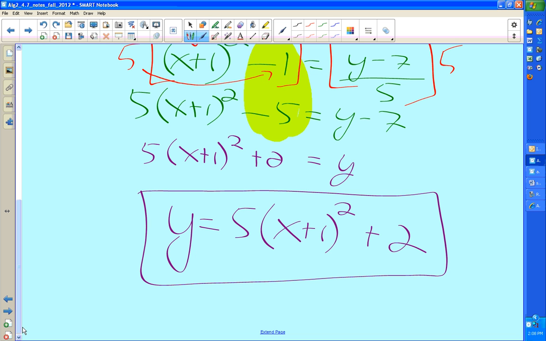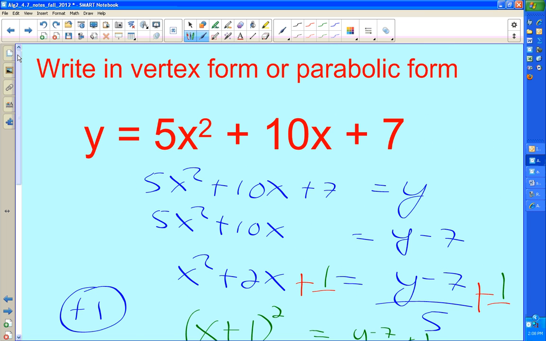I was taught the other way to do it when I was in high school and college. They had us completing the square with everything on one side. You never brought anything over here. So whatever you did, when you plussed something, you then had to minus something. So it became a very complicated process. Works great. If you understand that and that's the way you want to go, I'm fine with it.